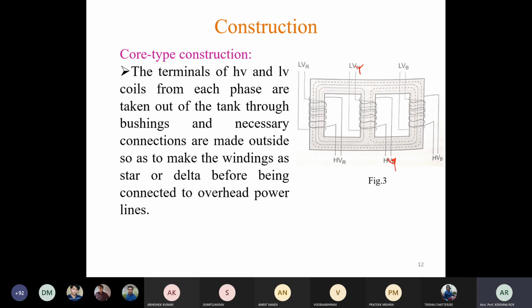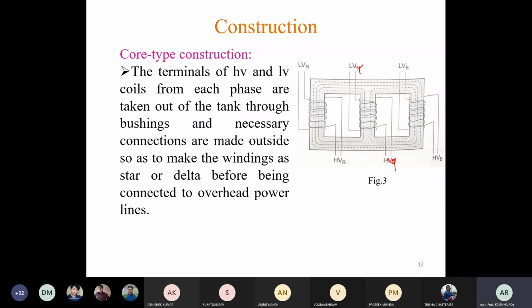So from that tank, these terminals are taken out through bushings, and then outside that tank these necessary connections are made to make it as a star or delta.